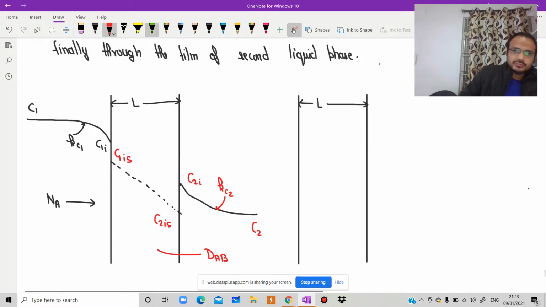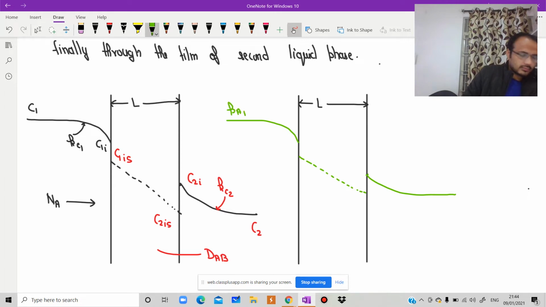In a similar manner for this one: PA1, PAi, C1s, C2s, P2Ai, it is KC2, PA2.